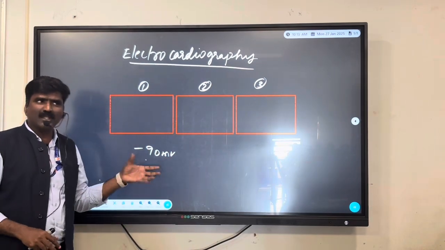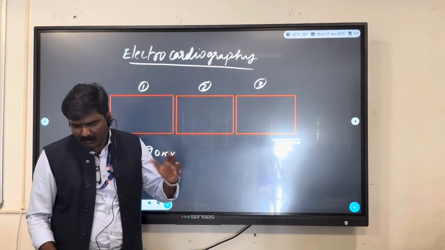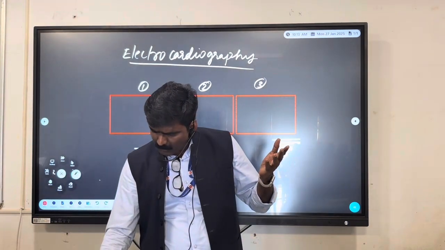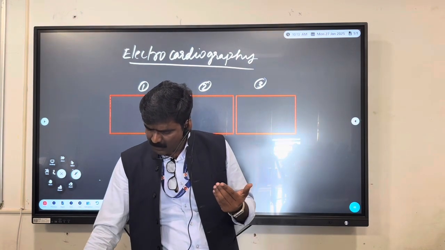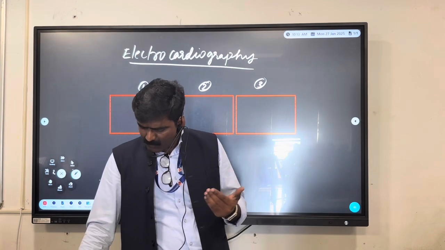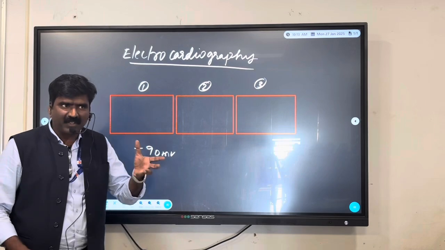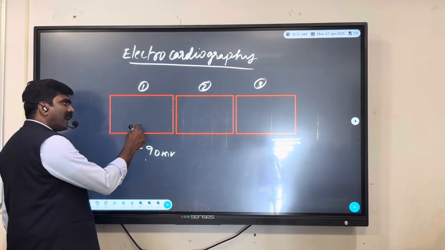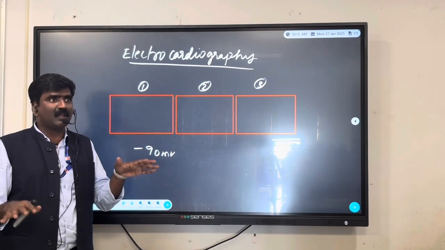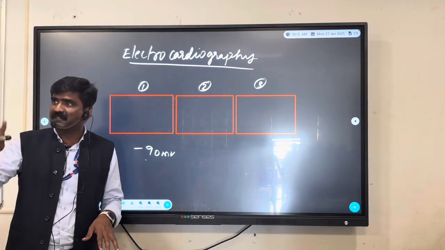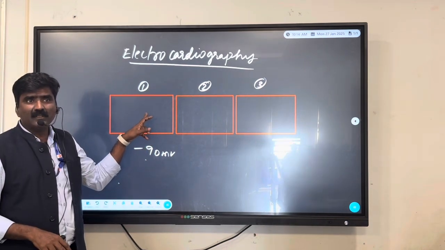In other words, how did this 90 come? It is an electrical difference. The resting membrane potential is the potential difference between inside the membrane and outside the membrane, that is, between inside the cell and outside the cell.